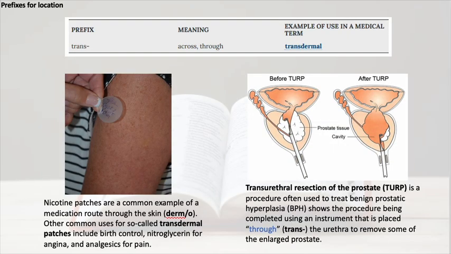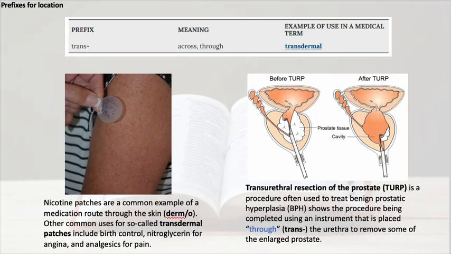Now our final prefix for location is trans. So the prefix trans refers to across or through. Our example here, and often in medical terms, it's used to indicate sometimes a procedure or effect that kind of passes through a structure, especially when we talked about the body planes.